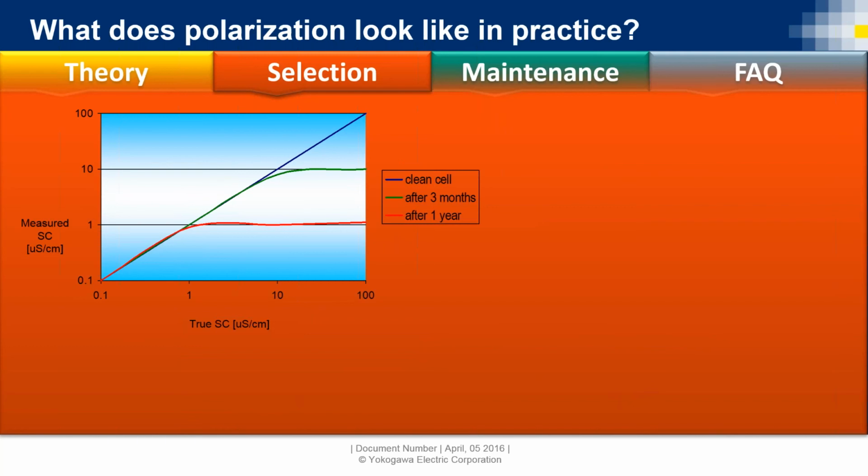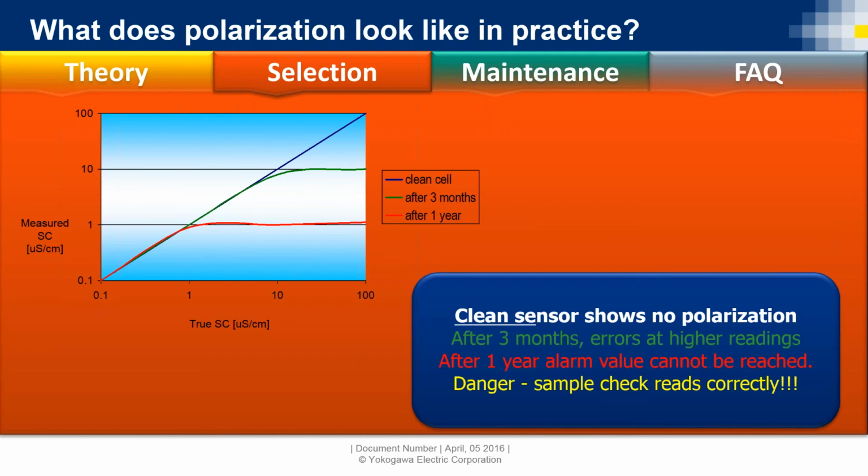And what this actually looks like is we're going to measure fine over a certain amount of time, and then at some point our measurement's going to become flatlined. This can happen in a short period of time, or it can happen within months to over a year.